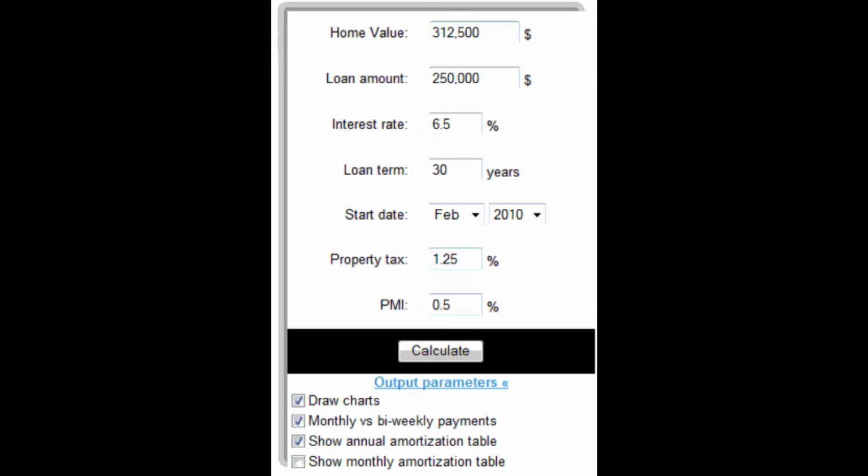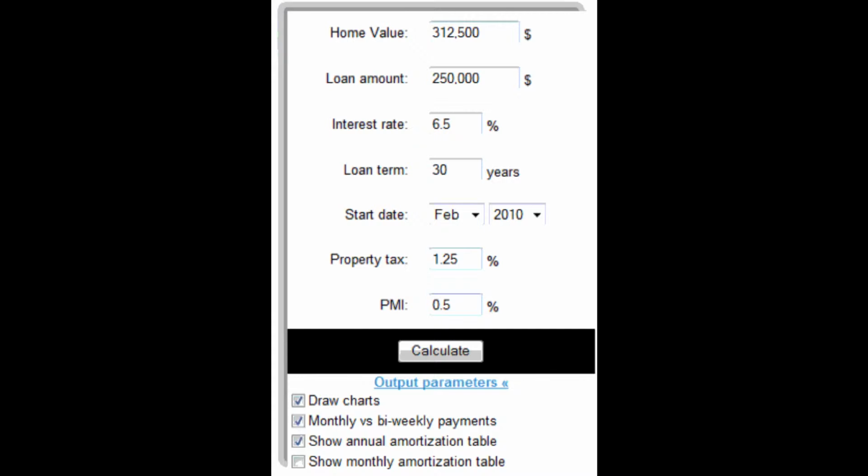Okay, I placed these numbers in a common online mortgage calculator. These are the numbers for a loan on a $312,000 home. Banks regularly lend up to 80% of the home market value, so we are talking round numbers of a $250,000 loan at a very convenient interest rate of 6.5%, 30-year term, 1.25% in property taxes, and 0.5% for PMI starting February of 2010.